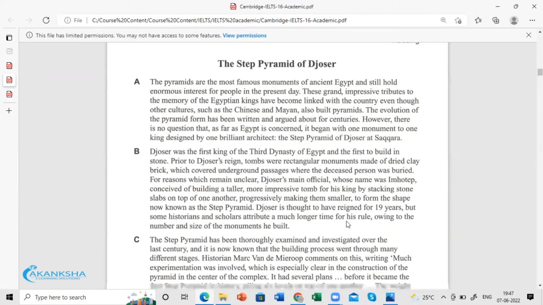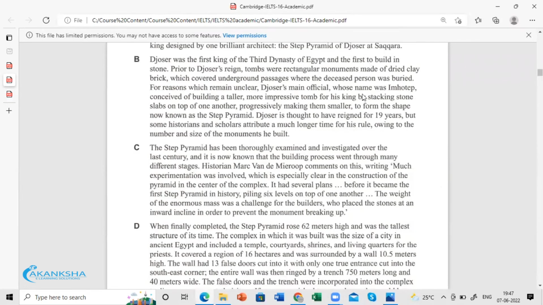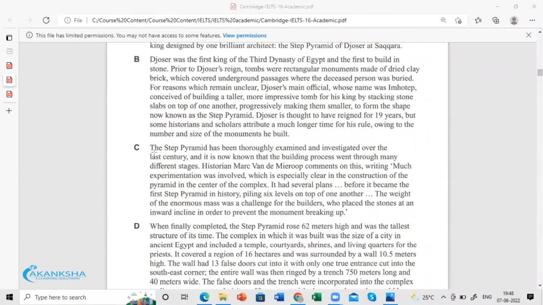So in the C part again, we will try to understand if it is discussed here. They talk about step pyramid has been thoroughly examined and investigated over the last century, and now known that the building process went through many different stages.